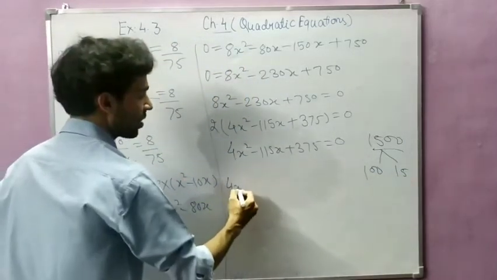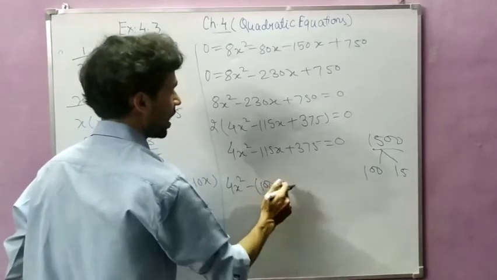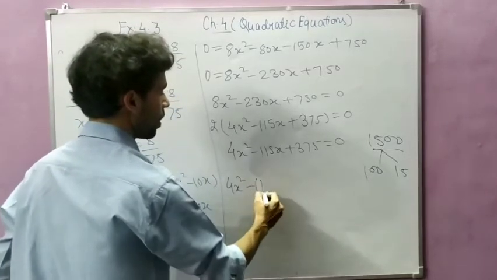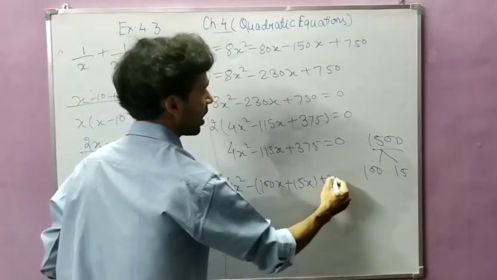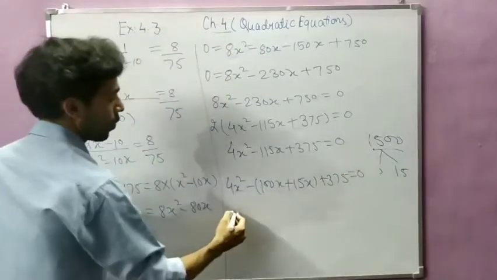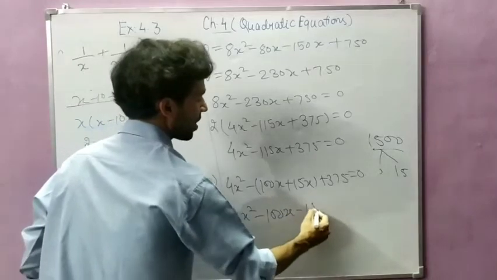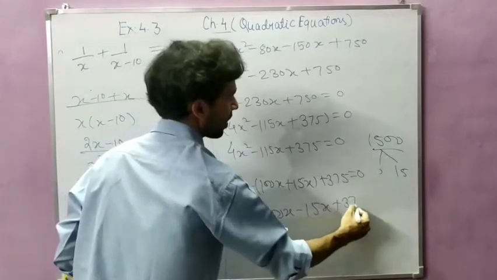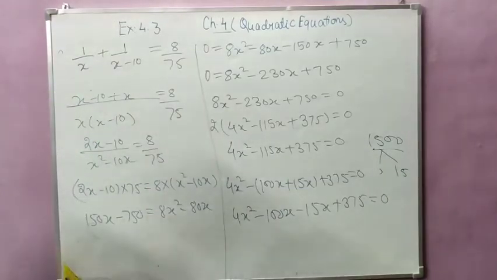So 4x square plus 100x plus 15x plus 375 equal to 0. Now 4x square minus 100x minus 15x plus 375 equal to 0. Okay.